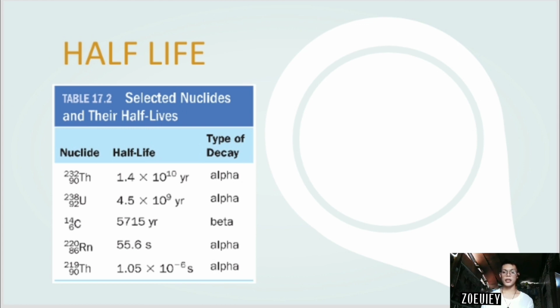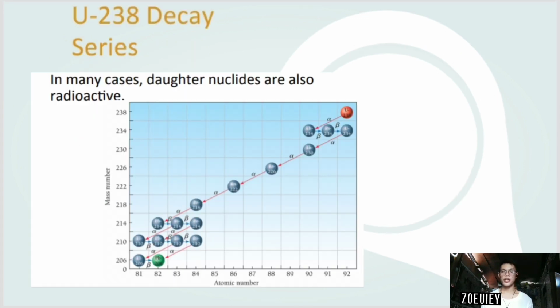In the decay series, the daughter isotope will then become a parent isotope. For example, the thorium is the product of the uranium. Then, the thorium produces protactinium, and down to alpha, followed by alpha again.